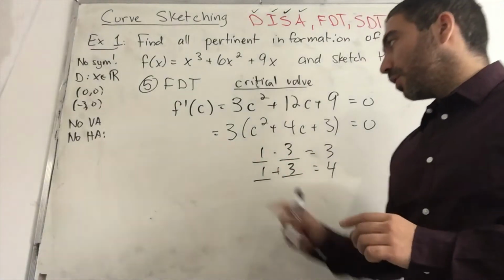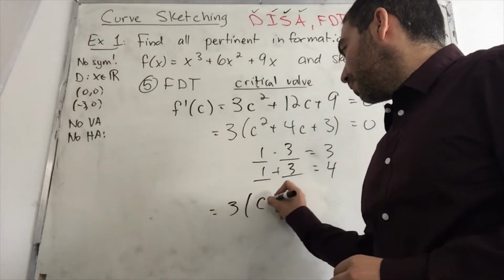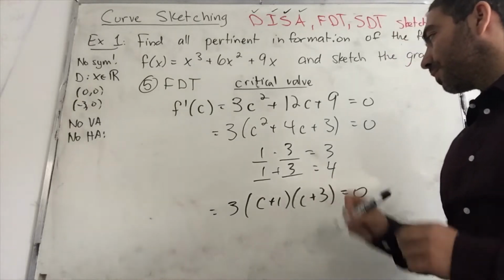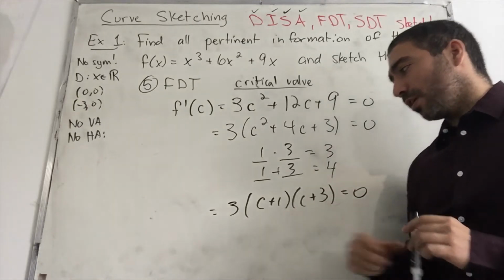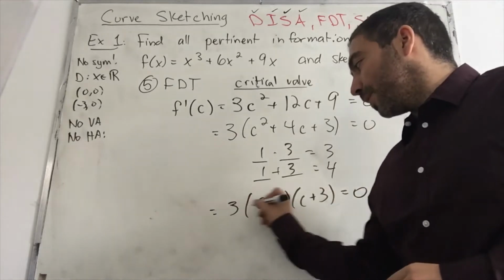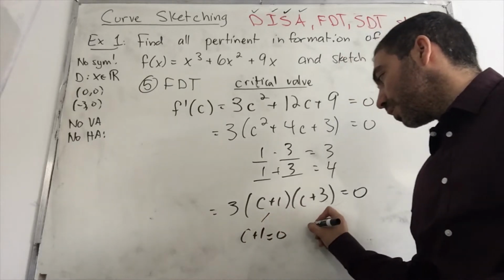We found our roots. So we could split this up into 3 times c plus 1 times c plus 3 equals 0. Now we use the zero product law: either 3 equals 0, c plus 1 equals 0, or c plus 3 equals 0. 3 cannot be equal to 0 because it's just a number. So we have c plus 1 equals 0 or c plus 3 equals 0.